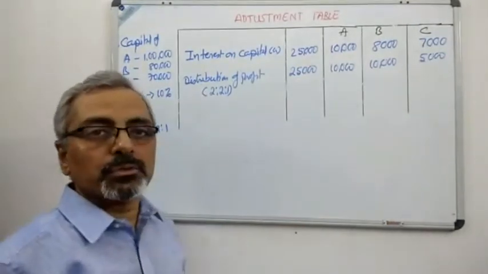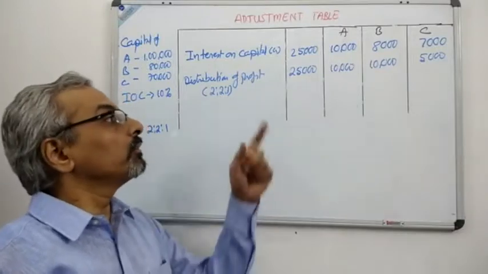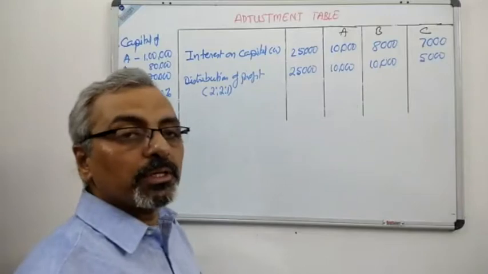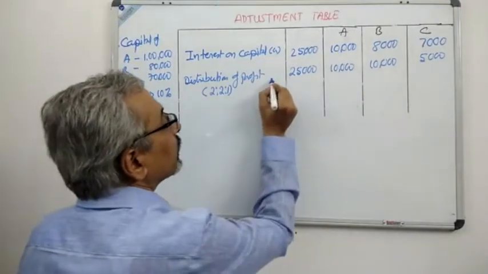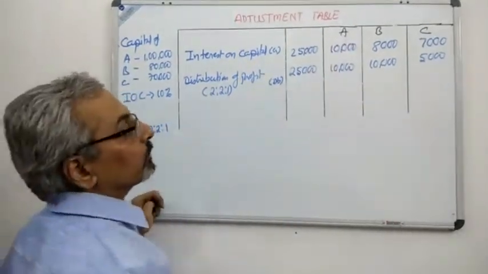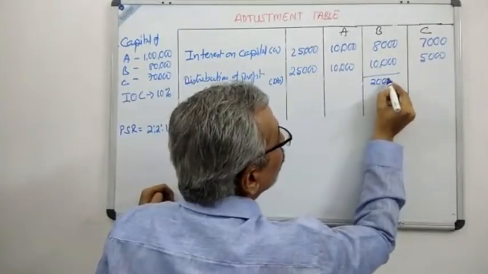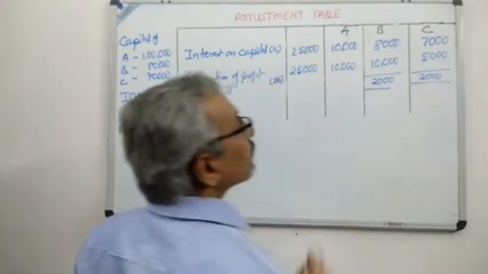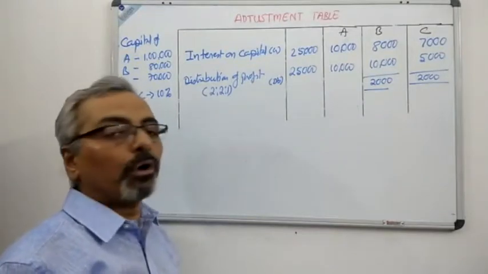This calculation shows very clearly that A has neither lost nor gained anything, 10,000 and 10,000, but B has been given 10,000 and should have got 8,000. Please see very carefully. This is a debit item and the credit item should be 8,000, but over here it is 10,000. So 2,000 will be credited more, and here 2,000 will be debited from C, because C has got 7,000 but should have got 5,000.